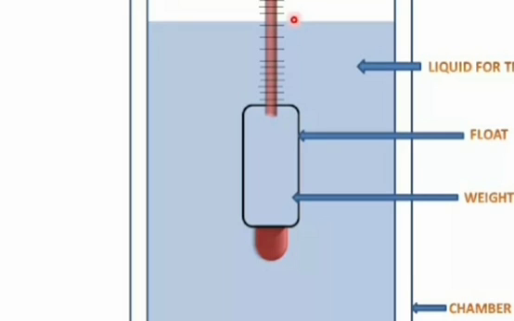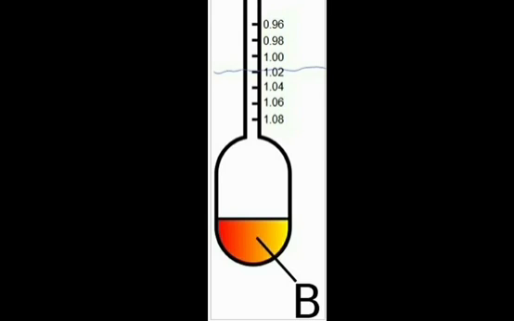Now we have to measure the scale to which the water level coincides. Now, on the basis of our observation, what will be the reading when the hydrometer is dipped in water? The reading will be 1 because we know that relative density of water is 1.